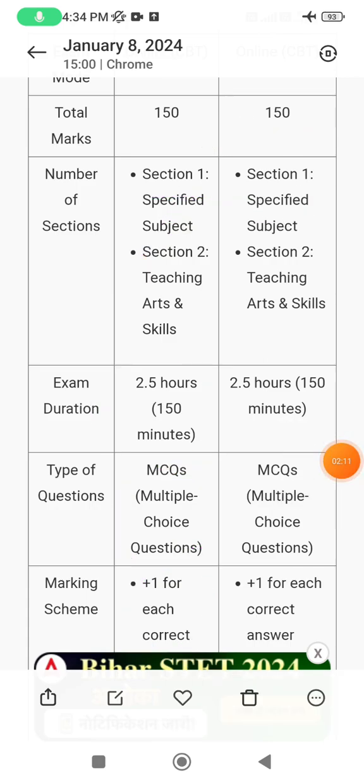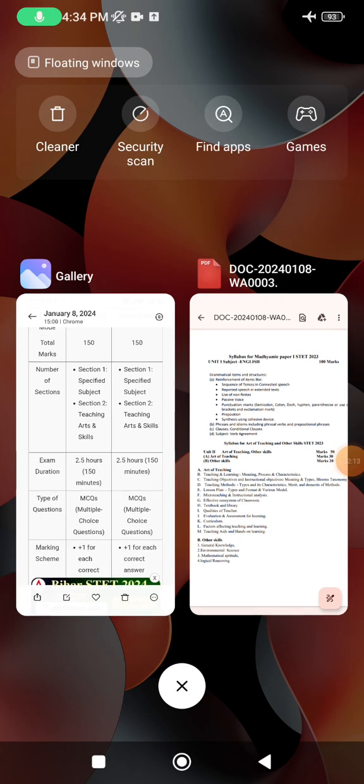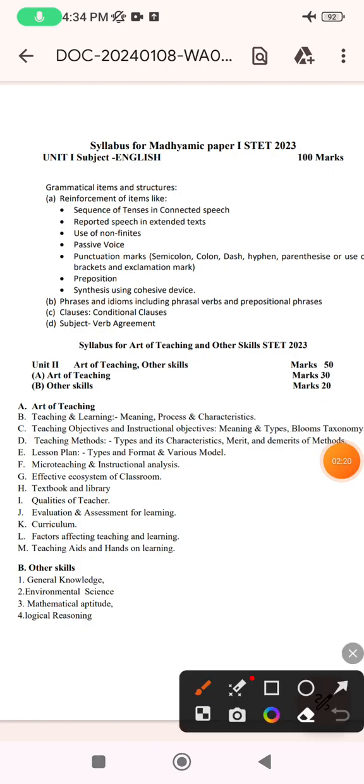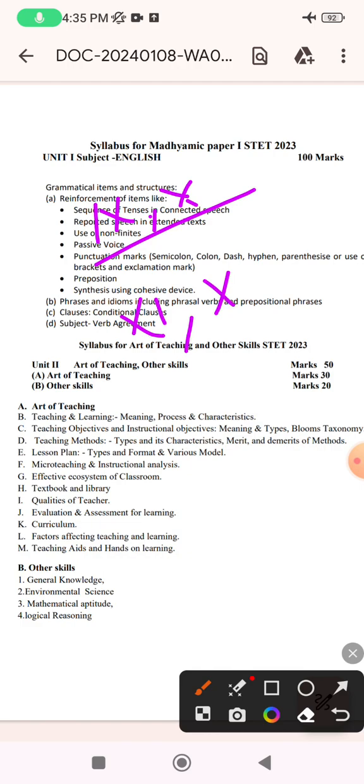Now let's look at the exam syllabus, especially English. English for paper 1 covers classes 9 and 10, and paper 2 covers classes 11 and 12.